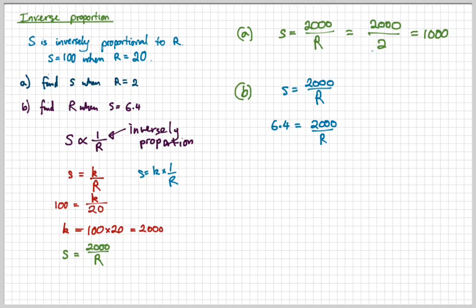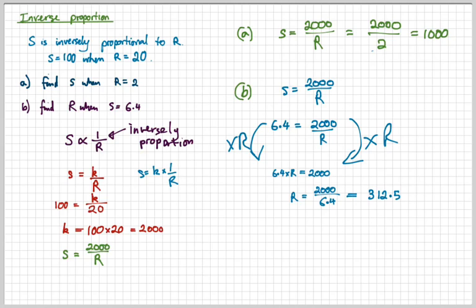So if you're following through here, in this equation, you would say, well, 6.4 times by R is equal to 2,000, because we don't like the fact that R is on the denominator, so we can times both sides by R. Okay, once you times both sides by R, to find R, you would divide by 6.4, and 2,000 divided by 6.4 is equal to 312.5. So, when S is equal to 6.4, R is equal to 312.5.